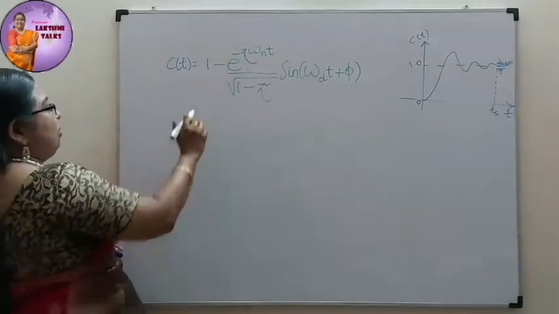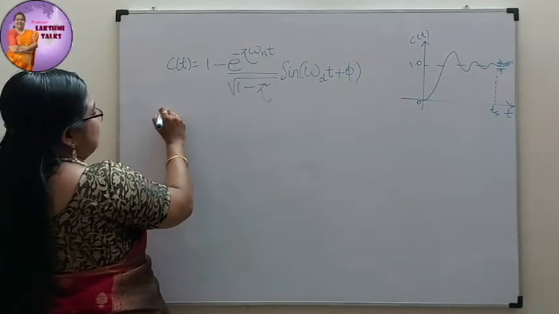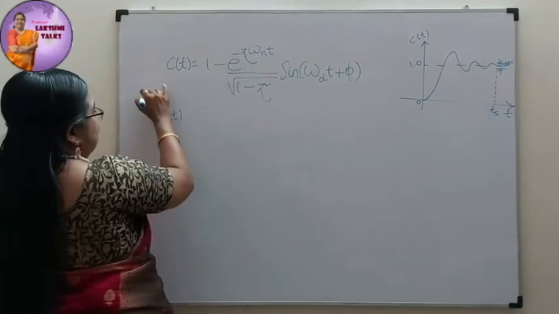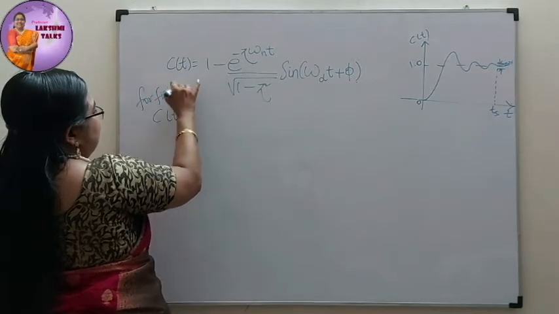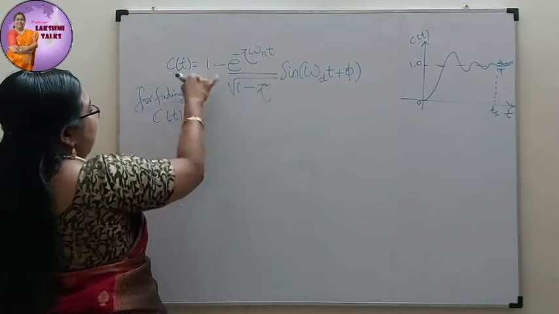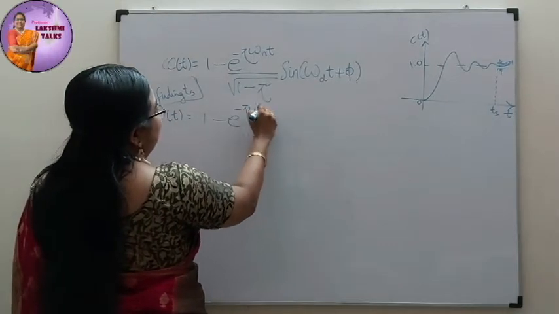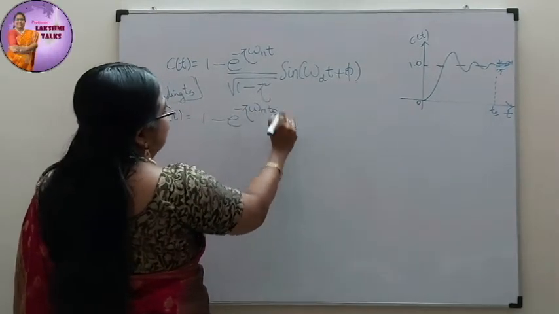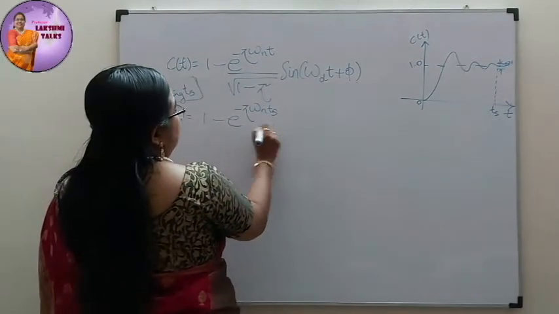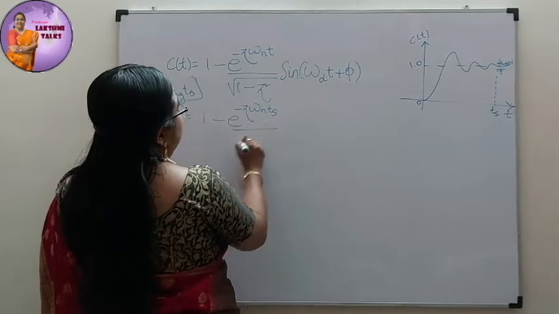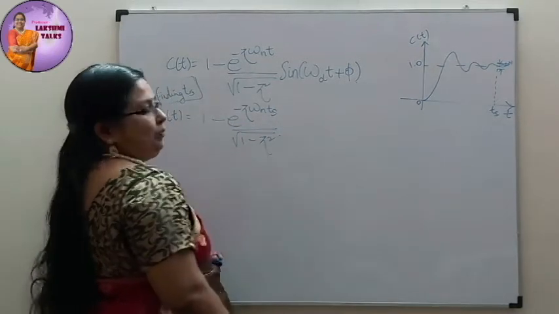So for finding the settling time, we'll use the c of t expression, 1 minus e power minus zeta omega n t, where t is replaced by Ts, divided by root of 1 minus zeta square.